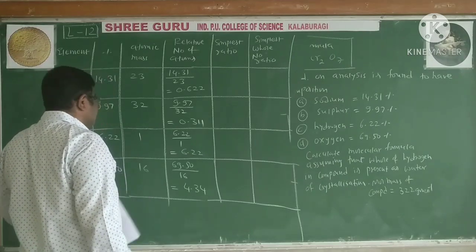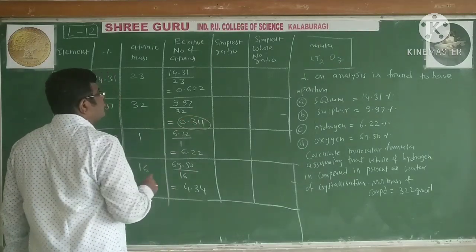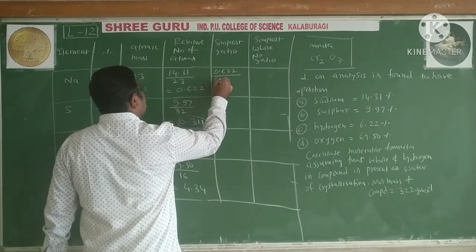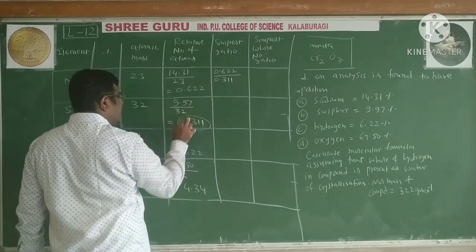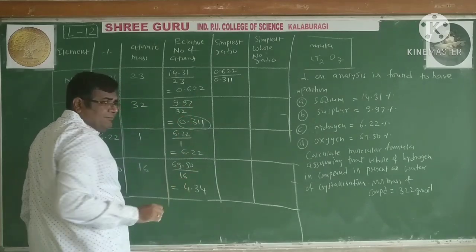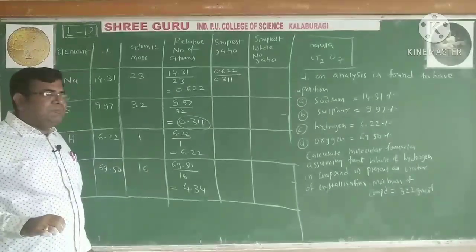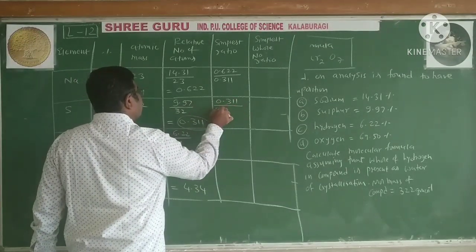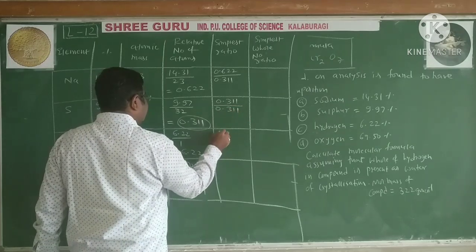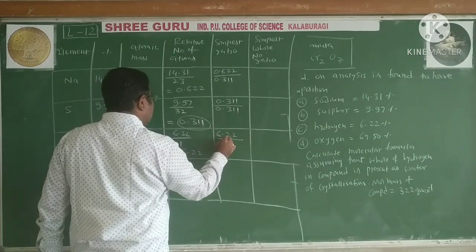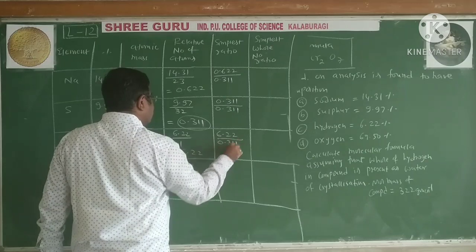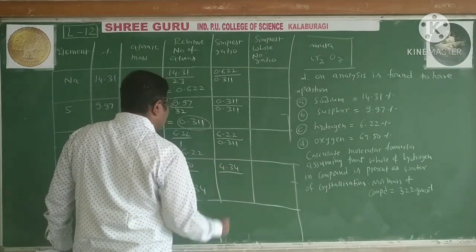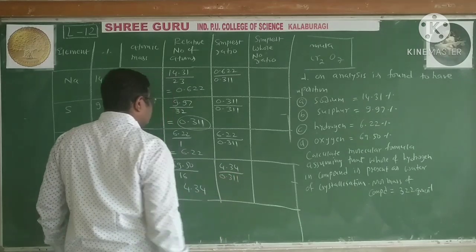Of course, the smallest is 0.311. Every number is to be divided by the smallest number: 0.622 divided by 0.311, 0.311 divided by 0.311, 6.22 divided by 0.311, and 4.34 divided by 0.311.